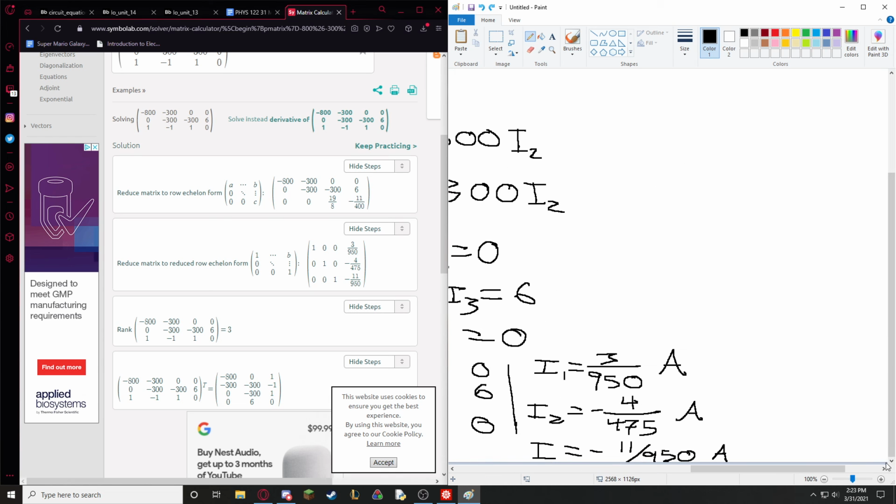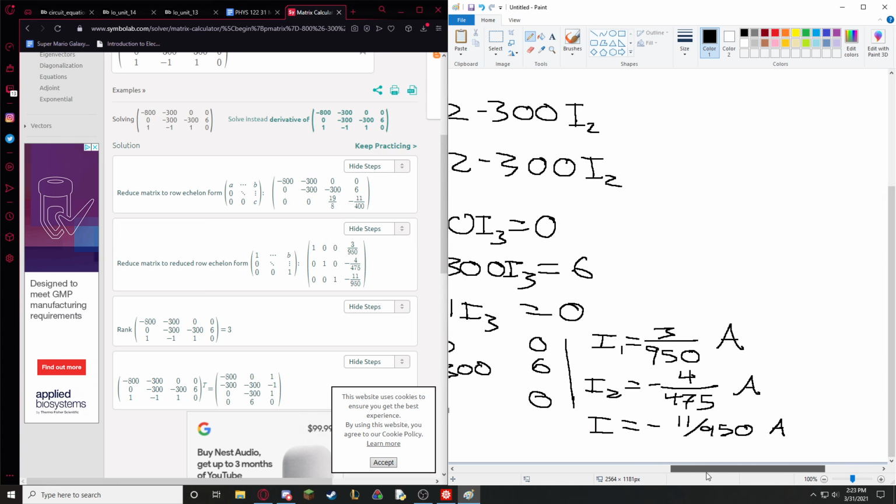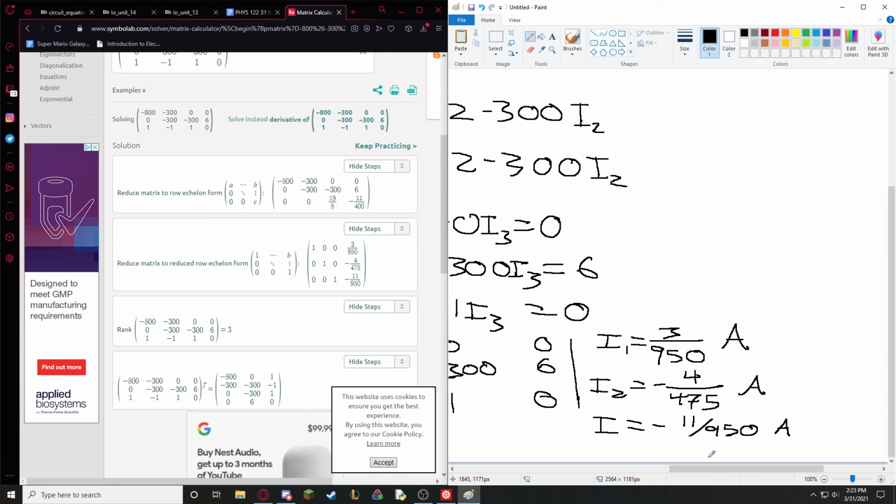Anyone have any questions about this? So wait, if we get the negative then and we change directions, do we just change it into positive? Like if this was a test question, and for I2 I put in negative 4 over 475, would that be wrong?